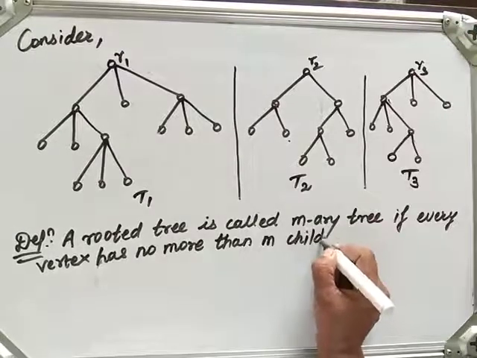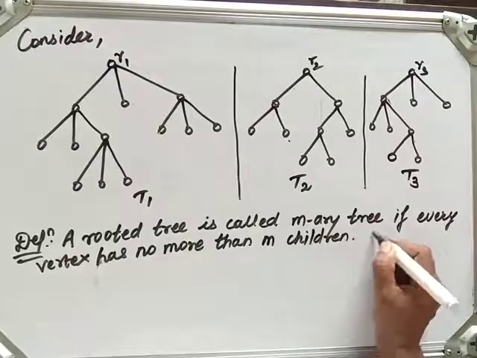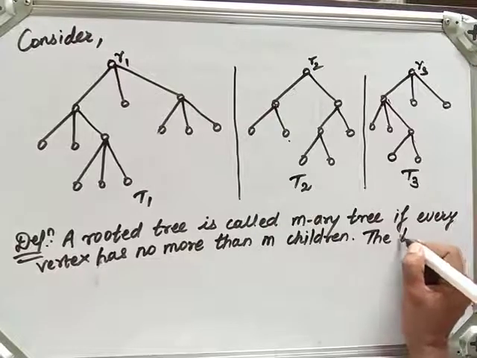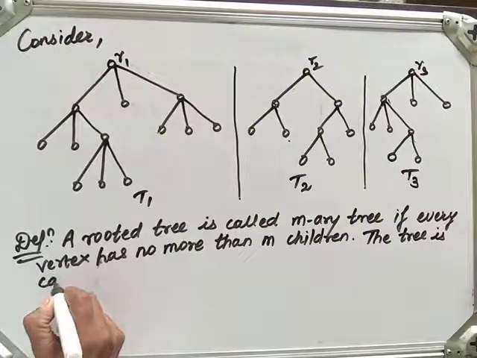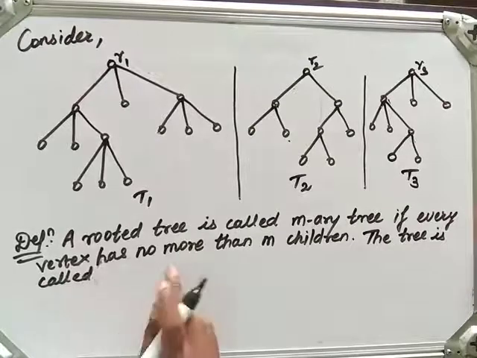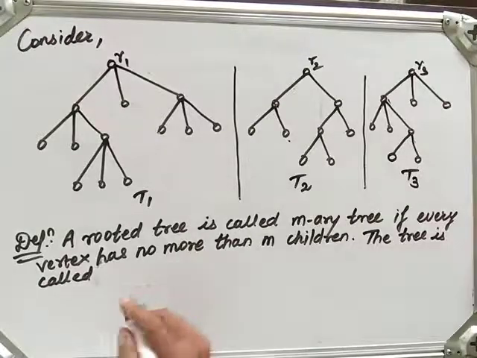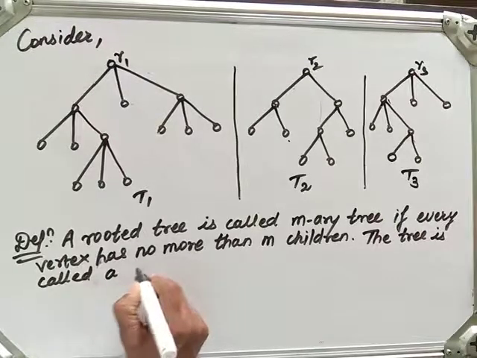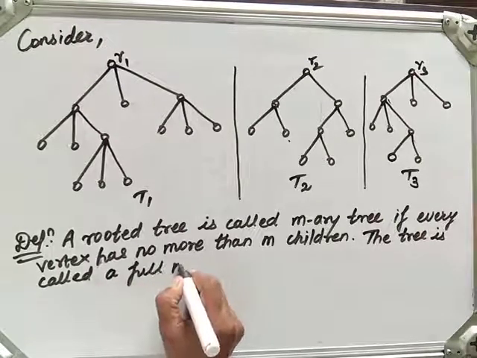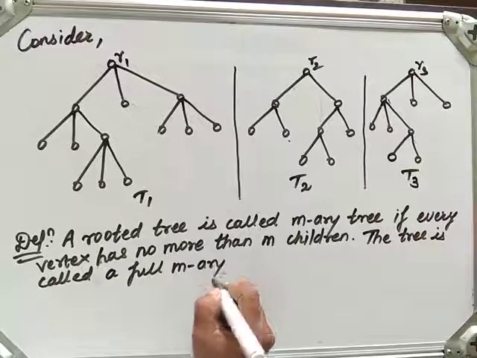No more than m children. The tree is called a full m-ary tree if every internal vertex has exactly m children.